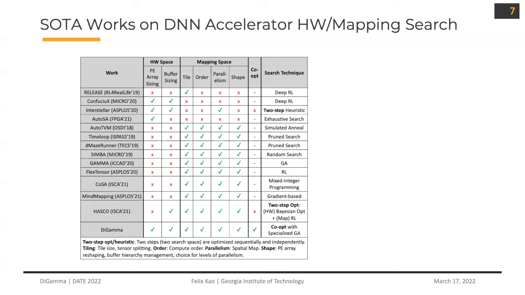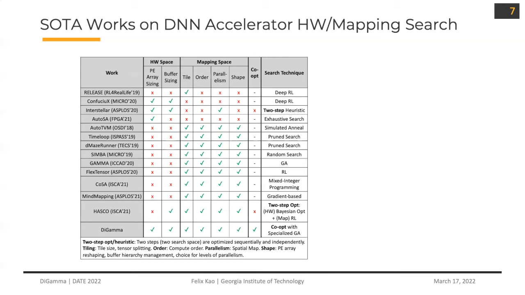A recent work called Haskell tackled the co-exploration problem with a two-step approach. Essentially, it searches for the hardware first, then searches the mapping. In this work, DiGamma, we search them simultaneously. However, because of the exploding search space, we need to add some tricks, and these are what we are going to talk about in this talk.